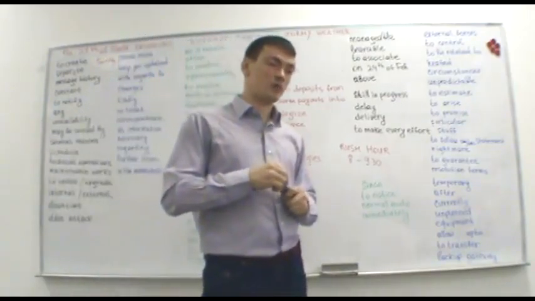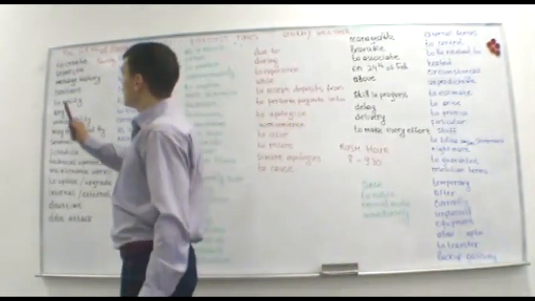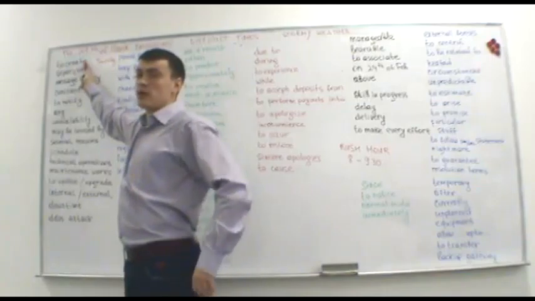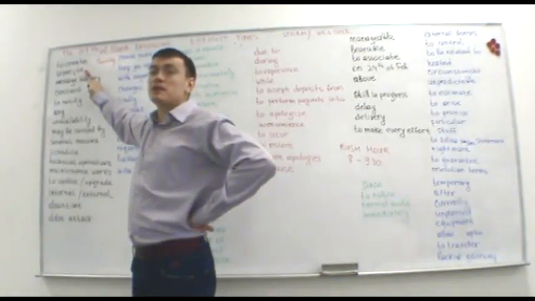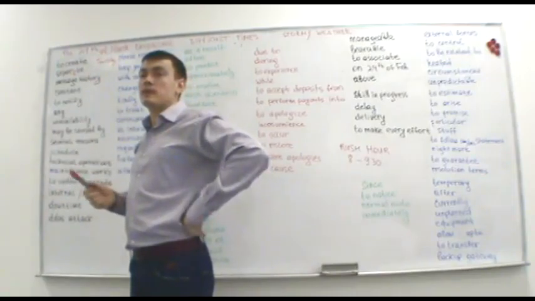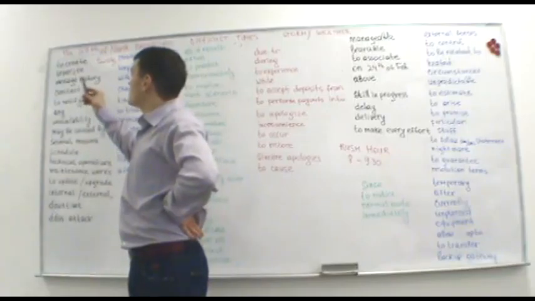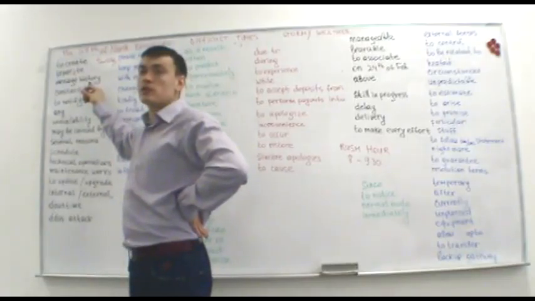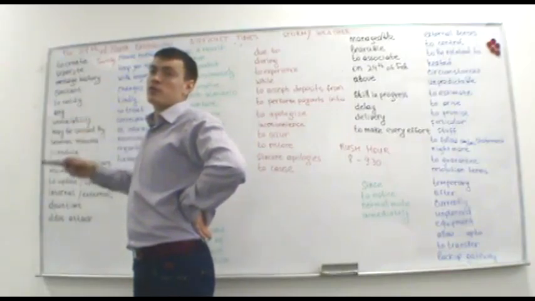So I will help you today to get acquainted with new vocabulary. Please take a look. To create. To separate, or separated. What does it mean? When you make different parts. Message history. Constant. What's it from geometry?